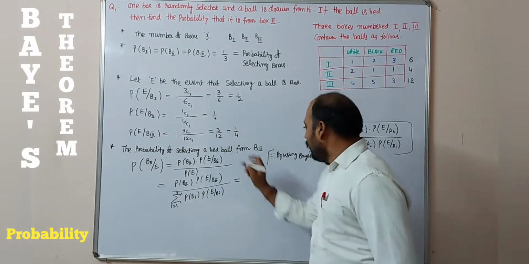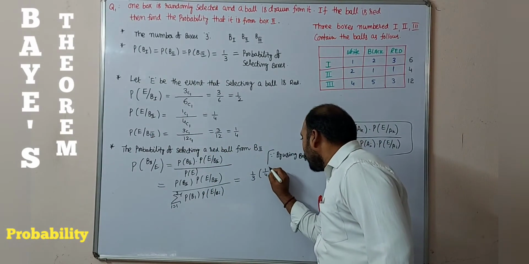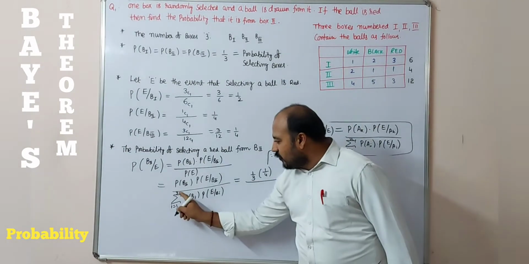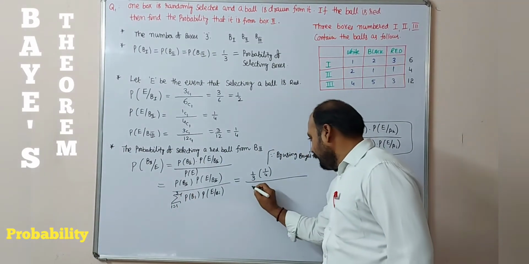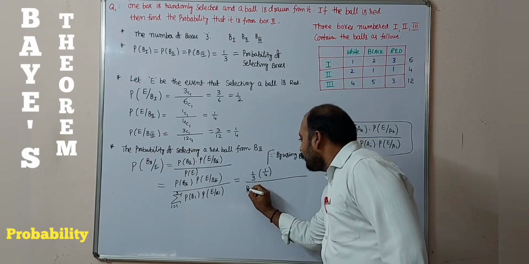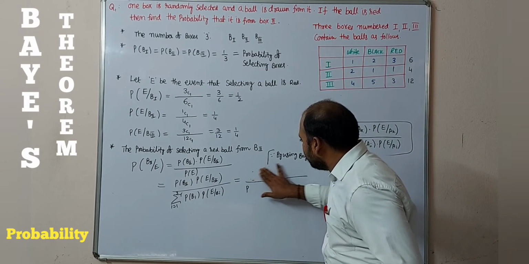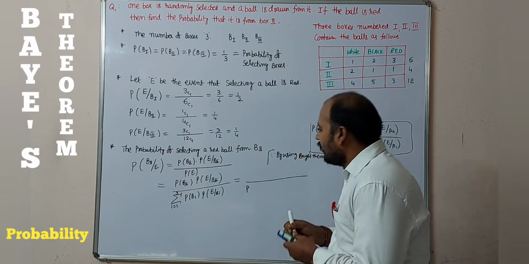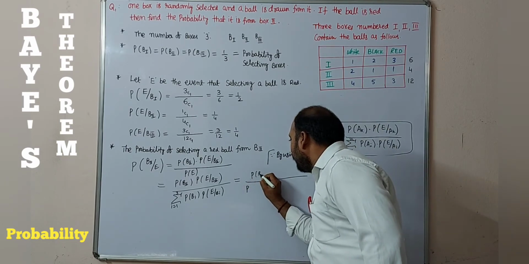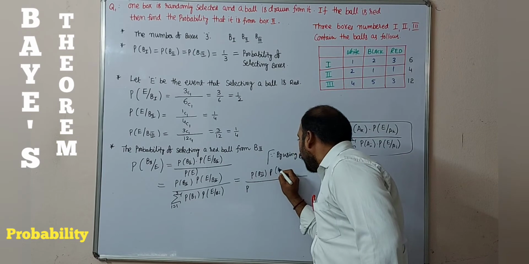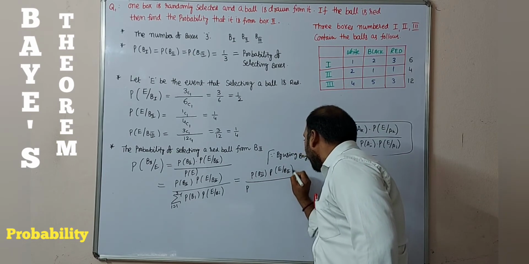P of E by B2 here we have 1 by 4. Before substituting, first we will finish writing whatever is there. P of B2 only, directly write it. P of B2, P of E given B2, all at a time we will do it.